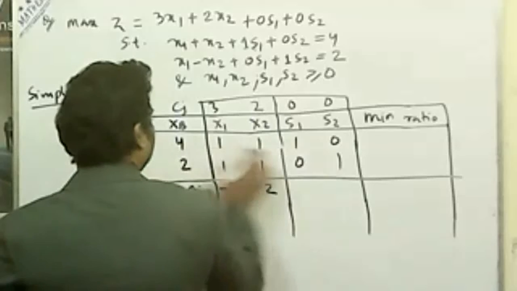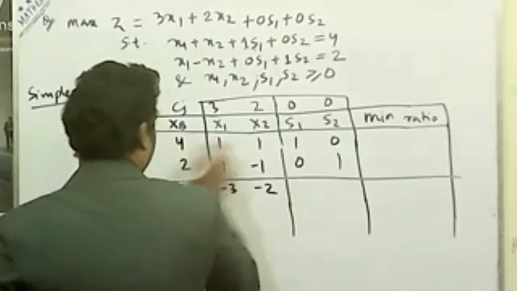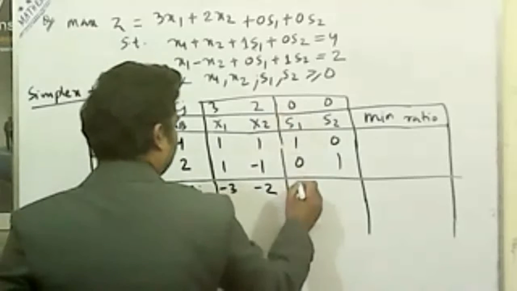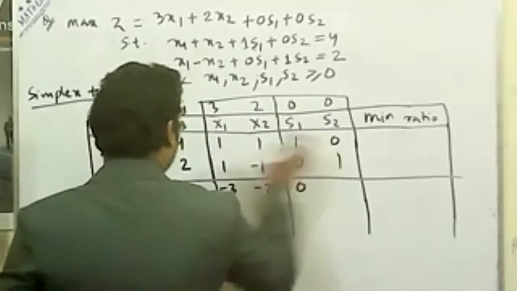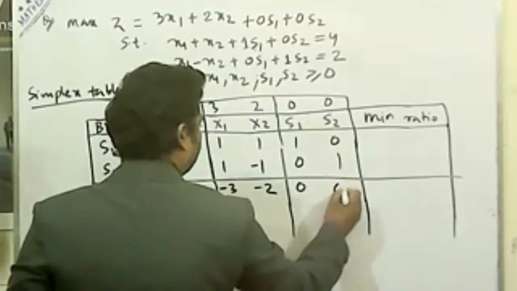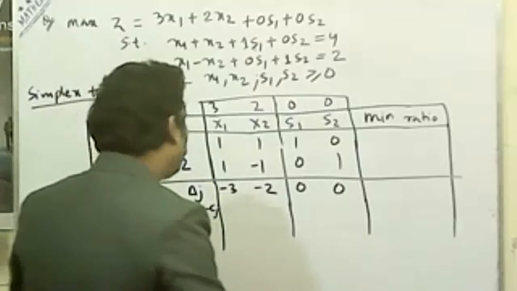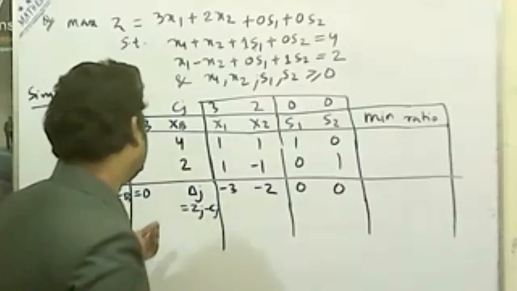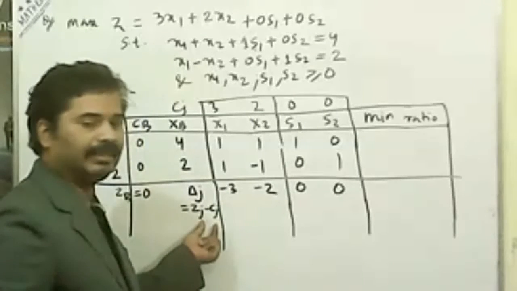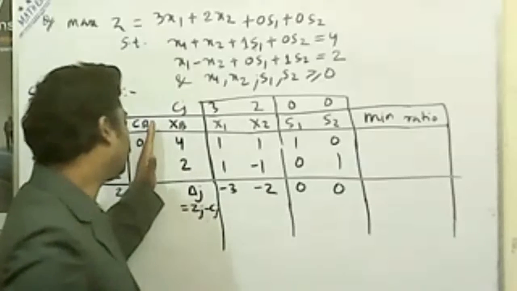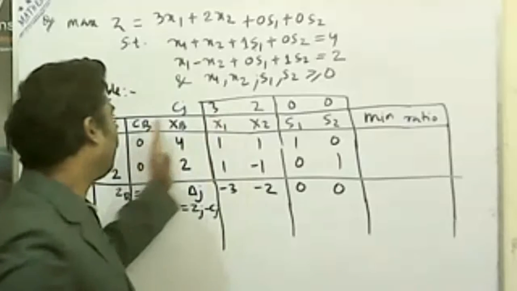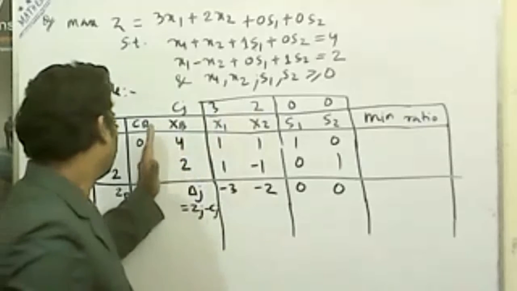Then 0 into 1, 0 into 0, we multiply these and then add them, so minus 0, that is 0. Now we look for the most negative value of delta J, which is ZJ minus CJ, where ZJ means CB into XJ, and XJ means X1, X2.